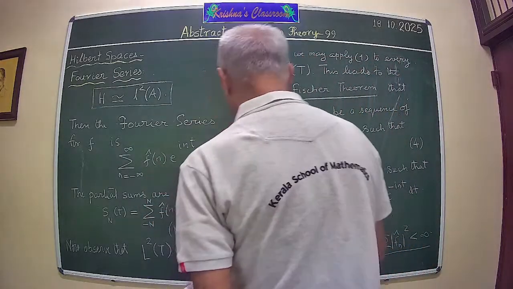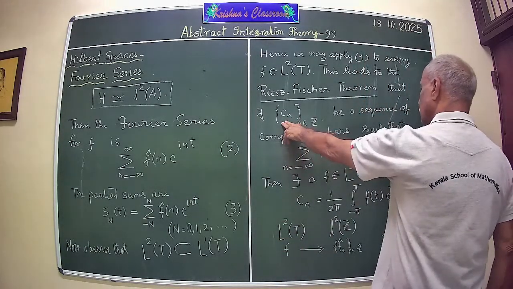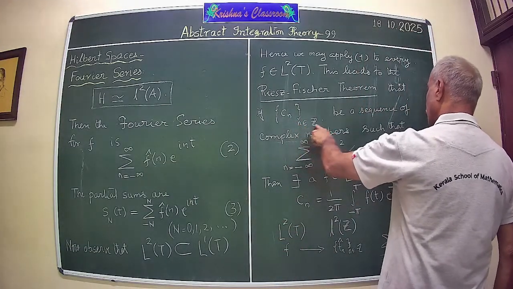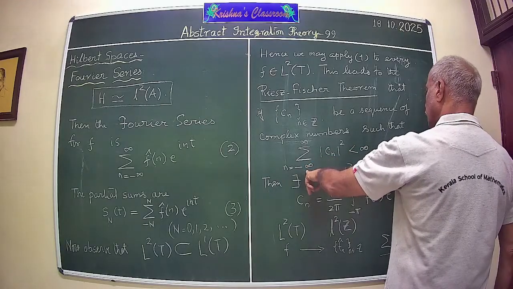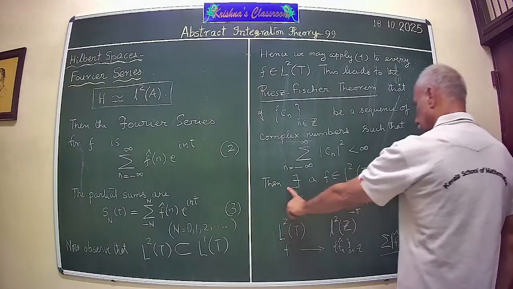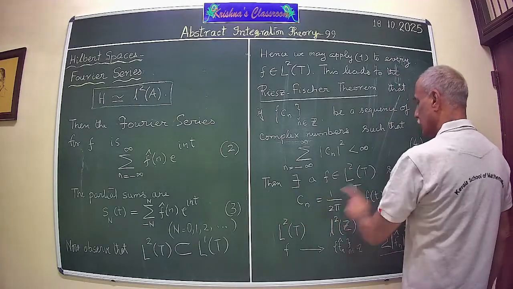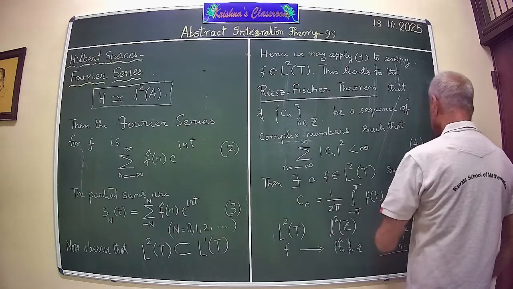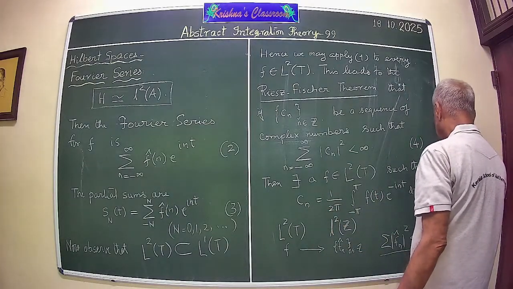Now this is the forward result. The backward result is this. Suppose you have a sequence Cn, n belonging to Z, such that the sum from n equal to minus infinity to plus infinity of mod Cn square is finite, then there exists a function f such that Cn is equal to this one, that is, this is essentially f hat n.